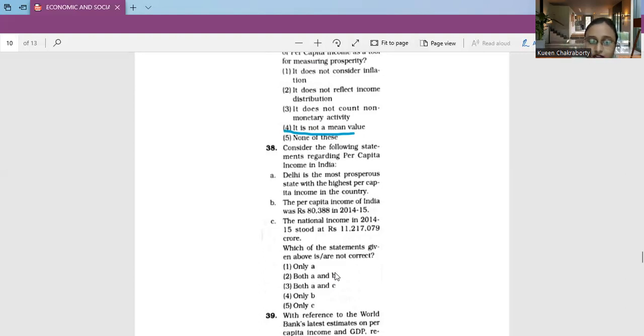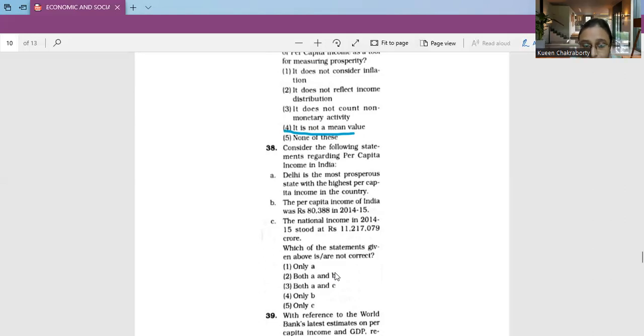Now for this, you need to have a lot of introspection about the statistics and the figures that keep changing. The Minister of State for Statistics and Programme Implementation, VK Singh, in February 2015, I think the 26th of February 2015, informed the Indian Parliament that the country's per capita income was rupees 64,316 in 2011-12. It subsequently increased to 71,593 in 2012-13.